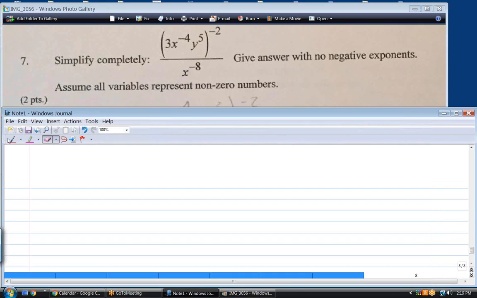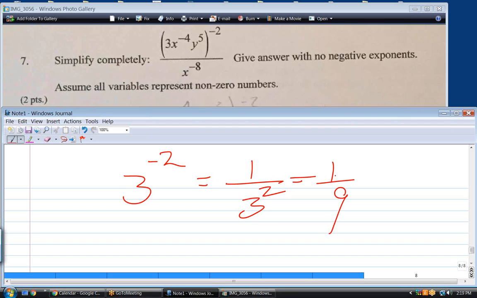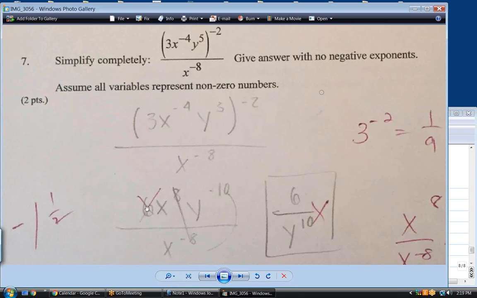What is 3 to the minus 2 equal to? 9. 1/9. 1/9. In other words, it's equal to 1 over 3 to the positive 2, which is 1/9. So this 6 really needed to be a 9 in the denominator.